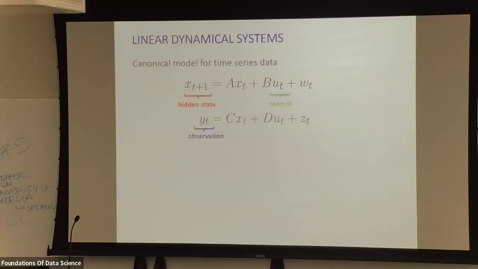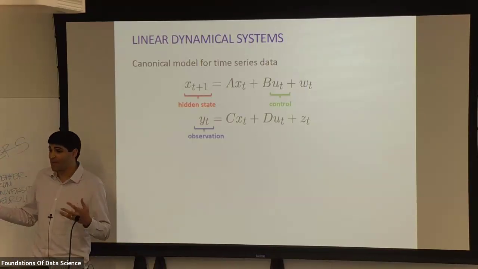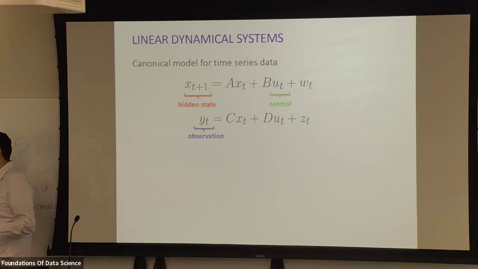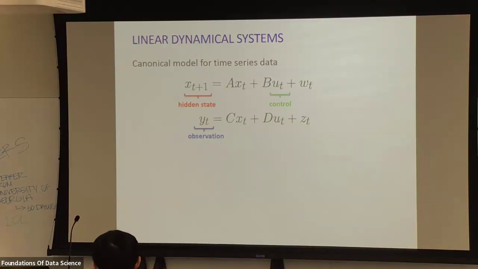So let me start off by first explaining what a linear dynamical system is. This will be my main object of study in this talk. A linear dynamical system is described by these two equations. It's a model for some sort of changing system, which we observe the input and output behavior. There's a hidden state, which is an n-dimensional vector, that's changing and evolving over time.